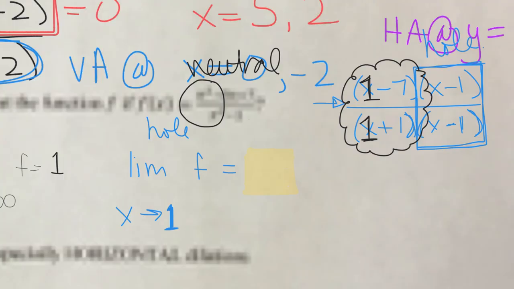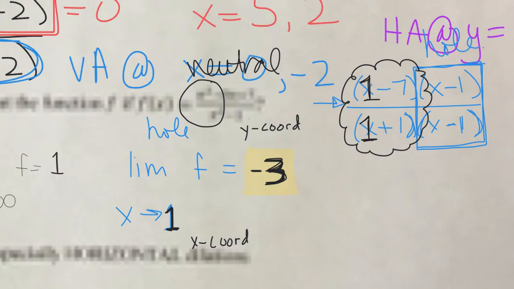If we plug a 1 in there, and that 1 comes from here, right? That's the hole. We get 1 minus 7, which is negative 6 over 2. Negative 6 over 2 is negative 3. So for the limit for our hole, the x it approaches is the x coordinate for your hole, and the y answer is the y coordinate for your hole.